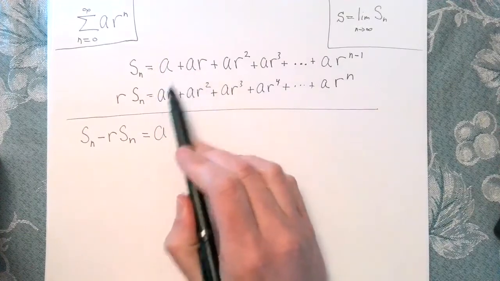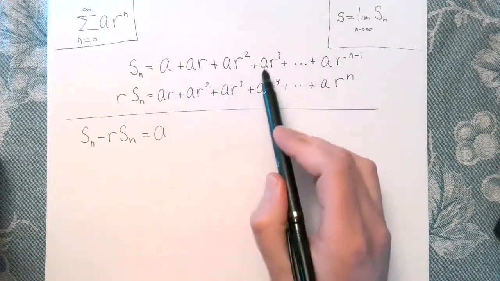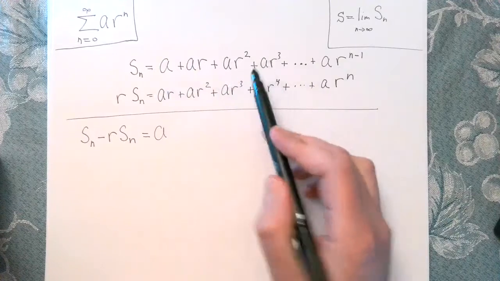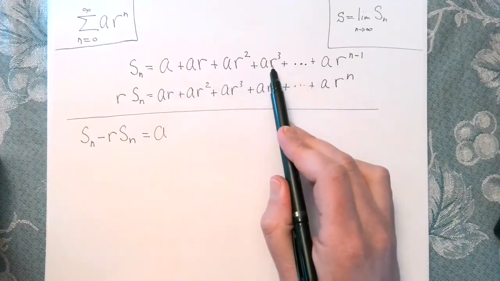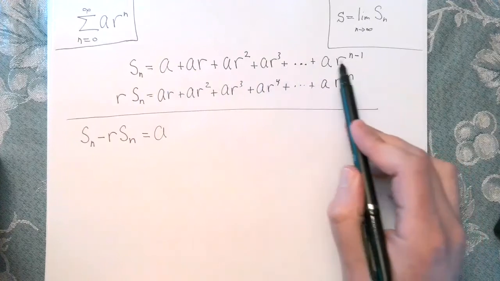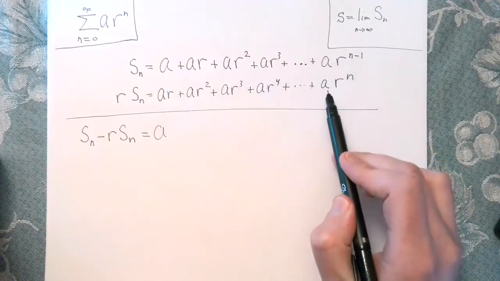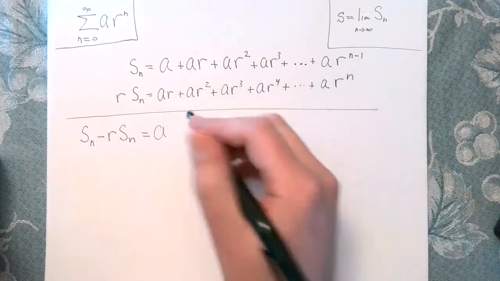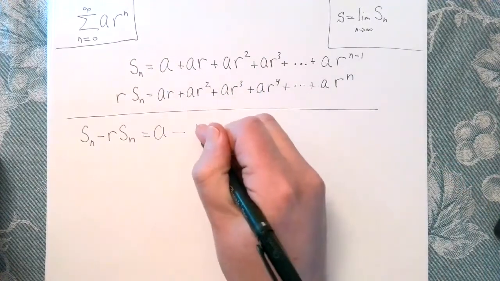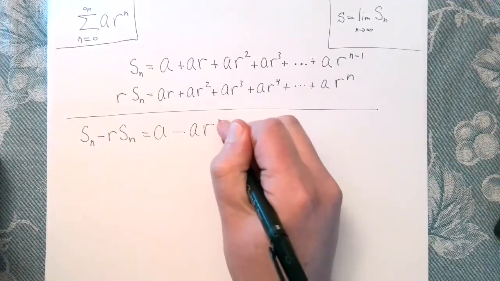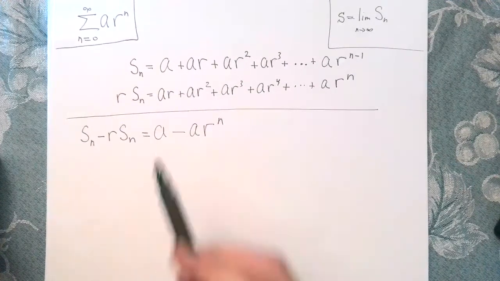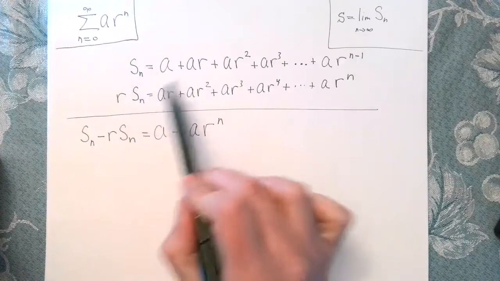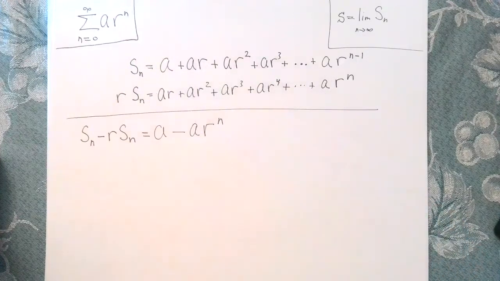These would cancel when I subtract. These would cancel. This would cancel with the term that's after this one. This would cancel with the term that's before this one. And I'd be left with this. So minus, because we are subtracting, a times r to the n. Okay, so the difference of the lefts equals the difference of the rights. Again, that's the subtraction postulate.